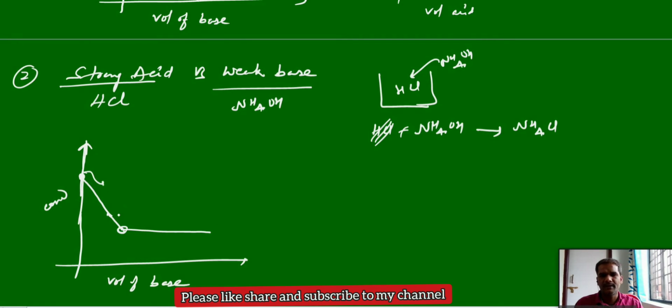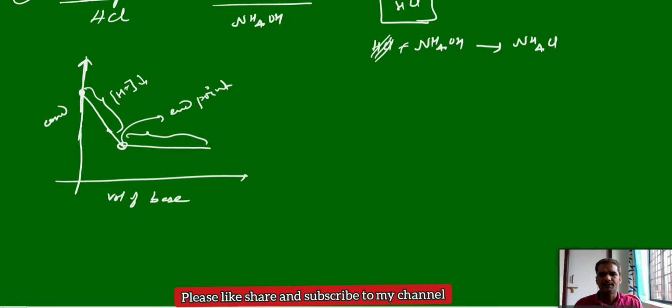The decrease is due to the decreasing concentration of H plus ions, and this is the graph you observe after the end point with the addition of ammonium hydroxide. This is the end point.